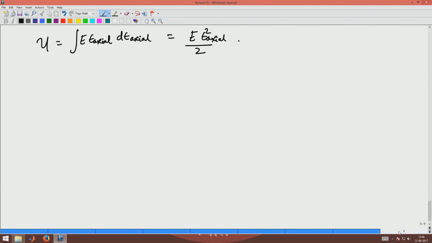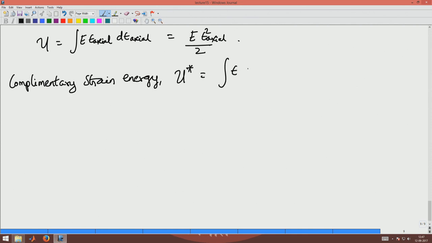Okay. Now, let us find the complementary strain energy, which is denoted by u star. This is nothing but the integral of epsilon d sigma. Okay. For us, epsilon was (1 plus nu) by E sigma minus nu by E trace of sigma identity.